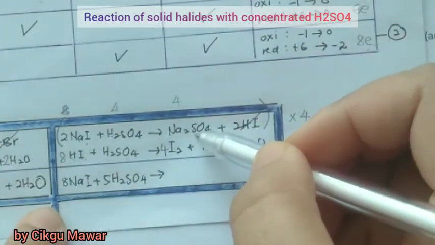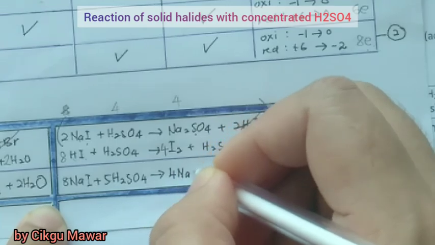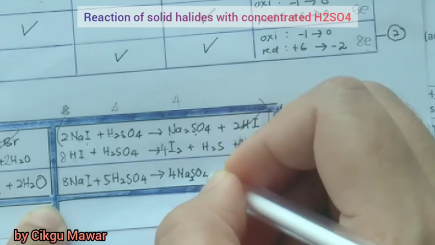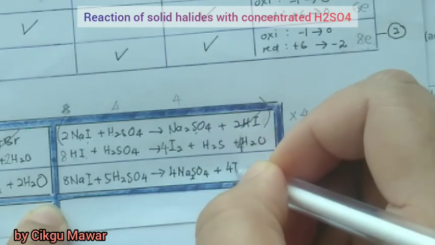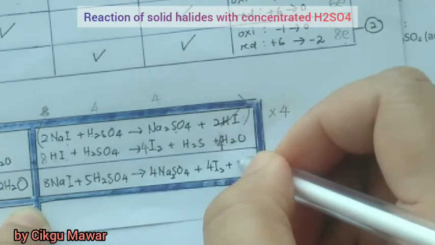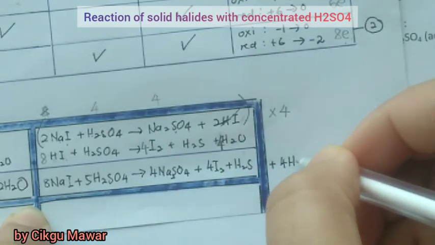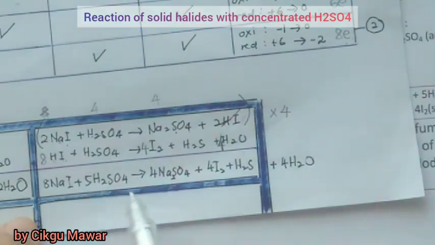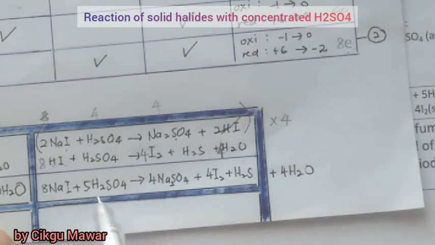To form 4 mole of sodium sulfate, and then plus 4 mole of iodine, plus H2S, and plus 4 mole of H2O. So this is the overall reaction of iodide with sulfuric acid.